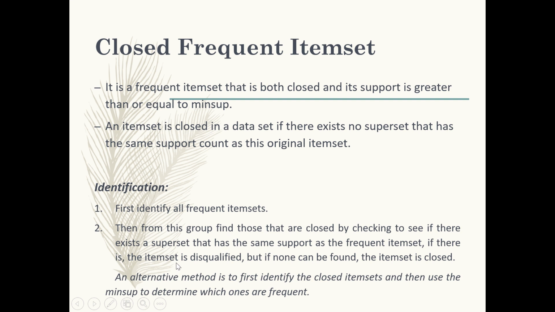Then you say that this item set is not closed, it is disqualified. But if you see that there's no superset having the same support count, then you say okay, fine, this item set is closed because nothing higher than that has the same support count. So that is how you identify frequent item sets which are closed.